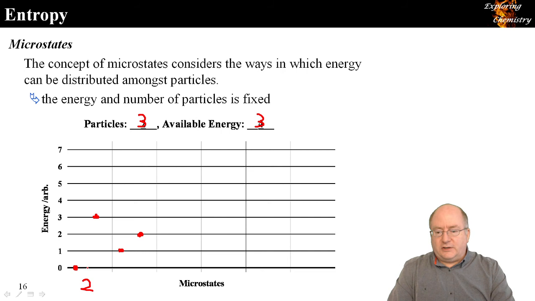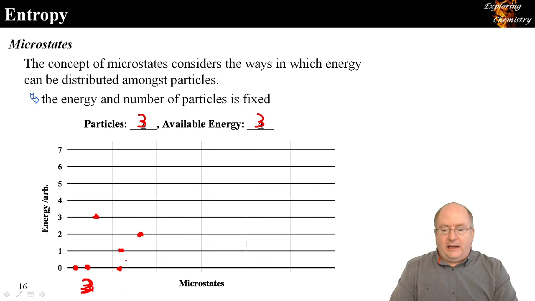My apologies. So this is 0, 0, 3, and that number at the bottom, there's 3 ways of doing that. I was wondering why I was getting the wrong number. And here you could have 0, 1, and 2, and there are 6 different ways of distributing the energy in this fashion, with 1 at 0, 1 at 1, and 1 at 2.